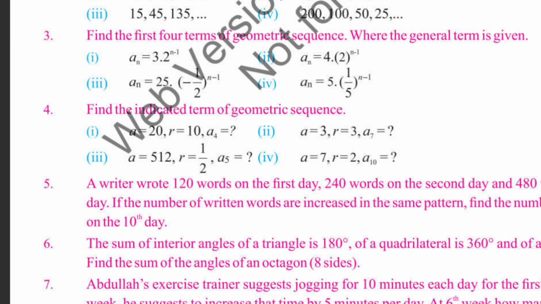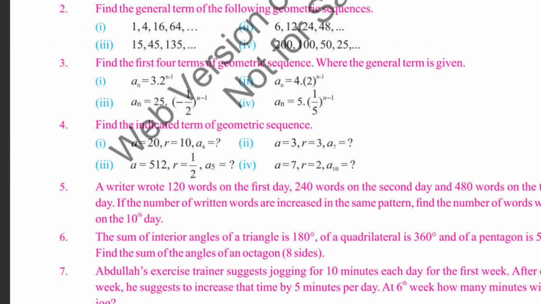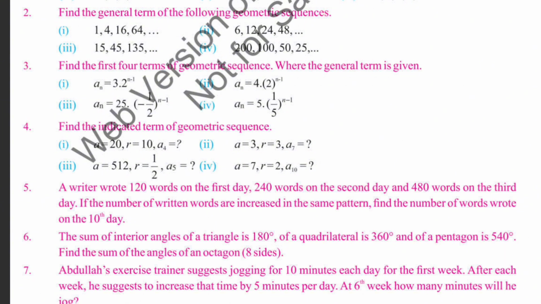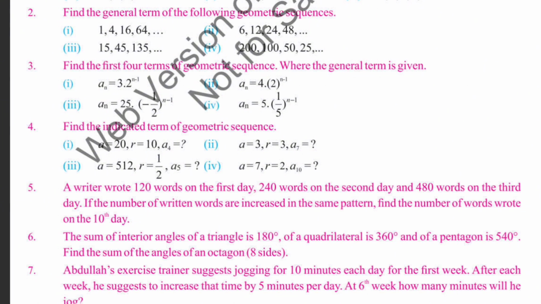Okay, next question, question number 5. Slightly move on. Question number 5. A writer wrote 120 words on the first day, 240 words on the second day, and 460 words on the third day.